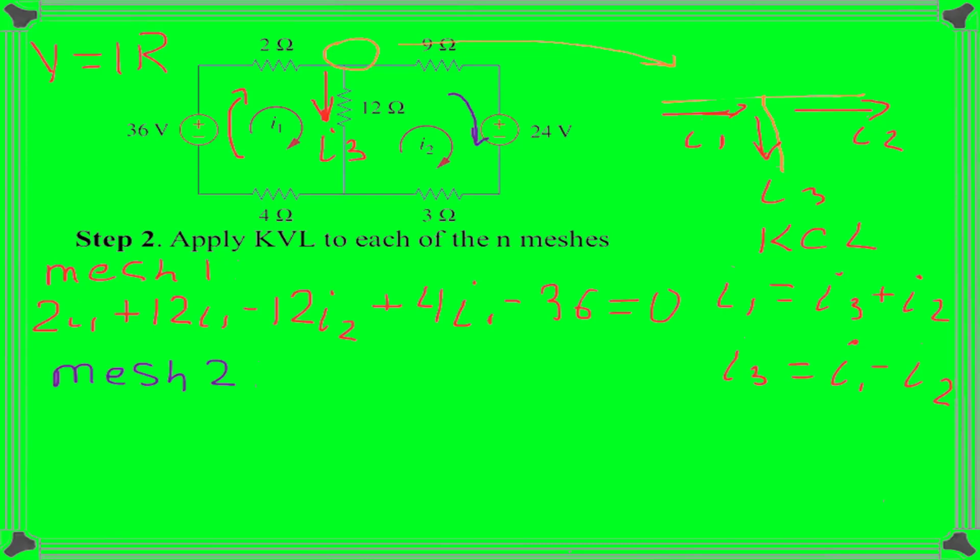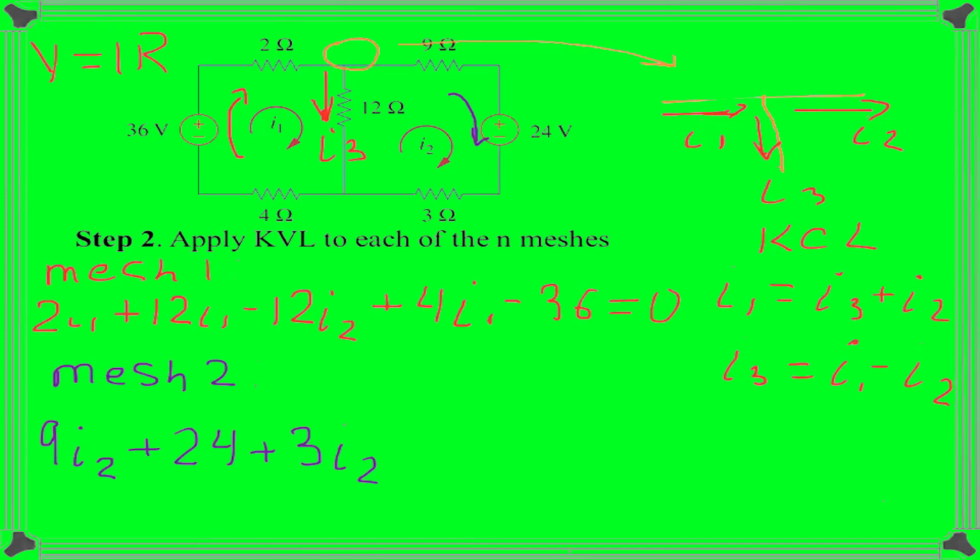Then the same thing for mesh 2, and starting with 9 ohms, we need to write 9 I2, then plus 24, then plus 3 I2, and because we're going against current I3, basically we can flip it.